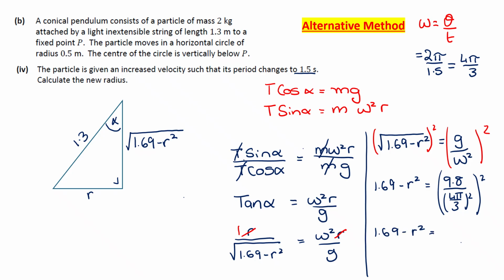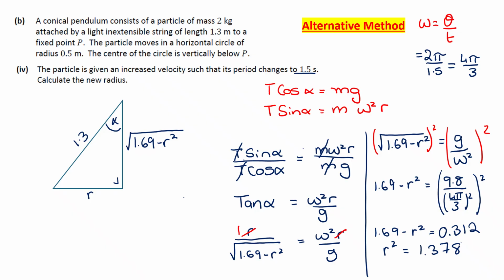r squared is equal to 0.312. So that gives us r squared is equal to 1.69 minus 0.312, which is 1.378.